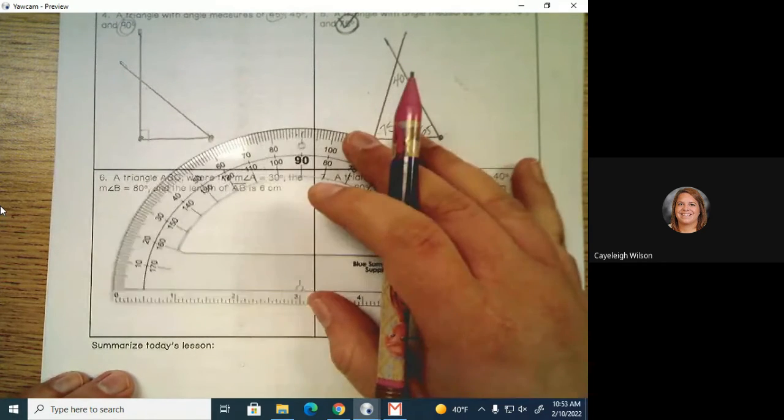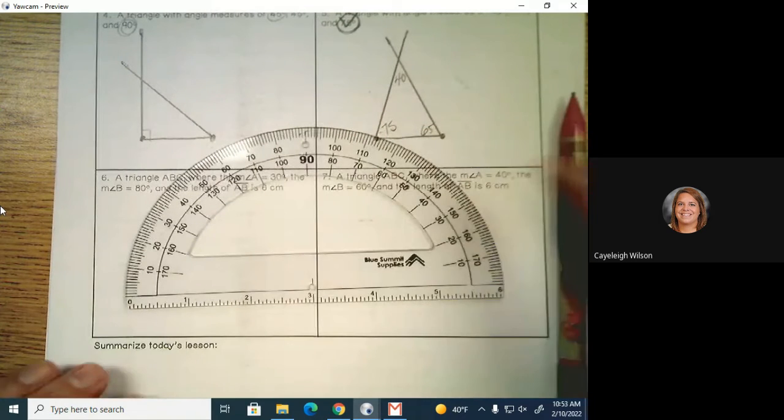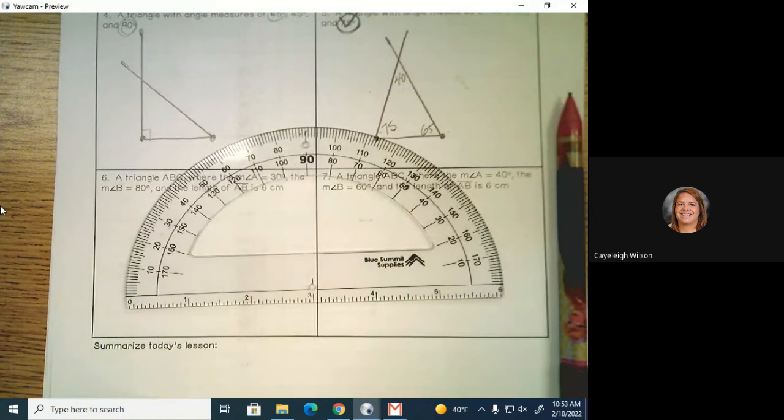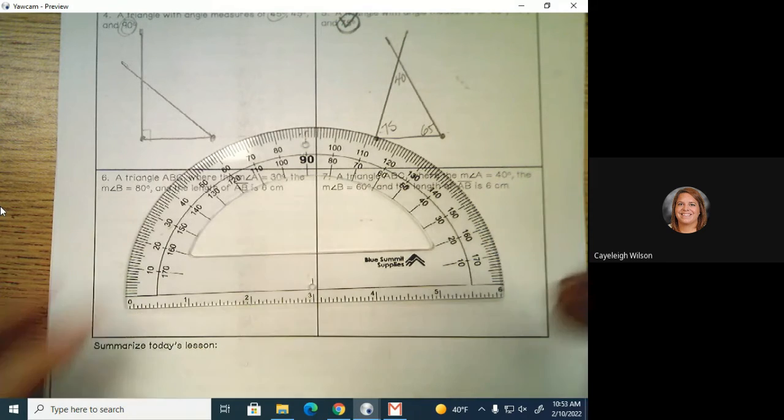So 6 centimeters, and I'm going to double check this real quick: 1 inch is how many centimeters? There are 2.5 centimeters in 1 inch.